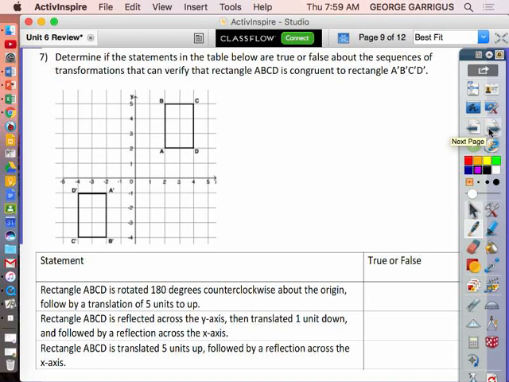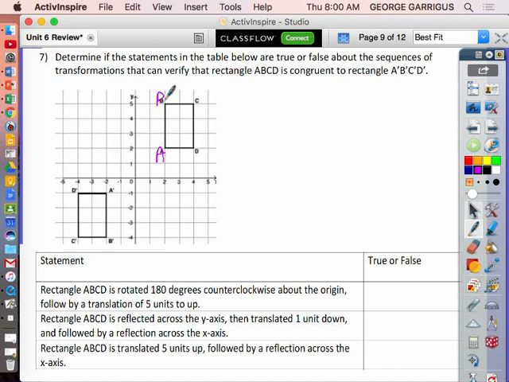Determine if the statements in the table below are true or false about the sequences of transformations that can verify that the rectangle ABCD is congruent to rectangle A prime, B prime, C prime. Let me rewrite these letters so you can see them a little bit bigger. A, problem 7A.